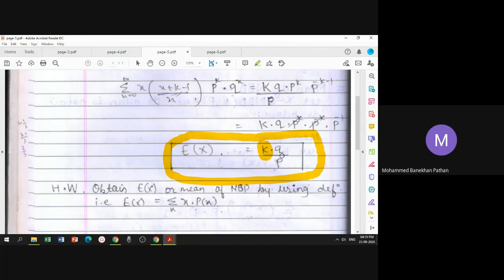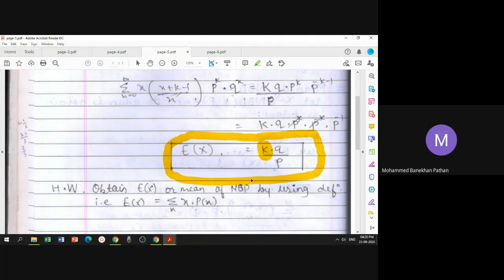The same answer we got here. K is an additional factor because in geometric we perform the experiment to observe only one success, but in the case of NBD we perform the experiment to observe k successes. That's why this k is coming into the picture.